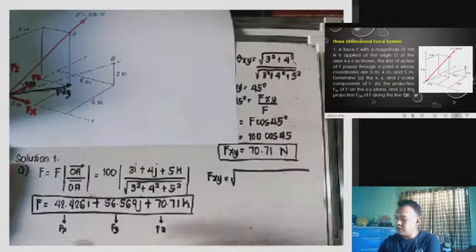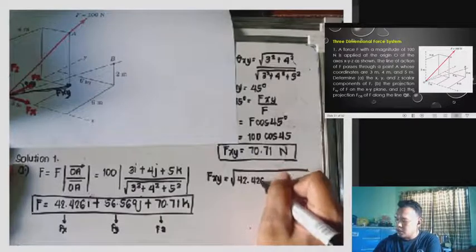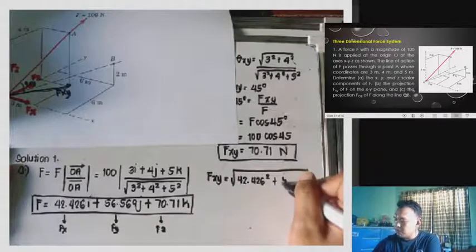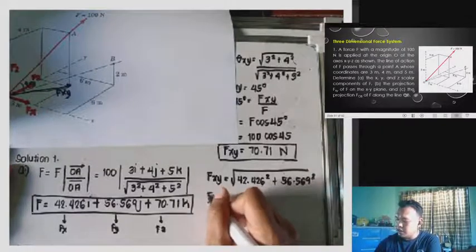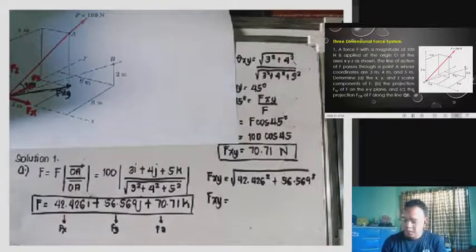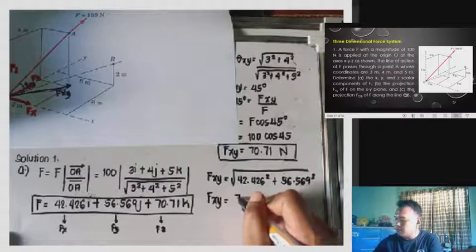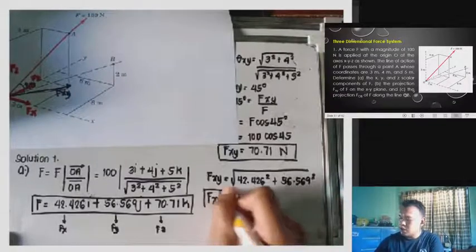So, therefore, we have here 42.426 squared plus 56.569 squared. We have here Fxy, which is equivalent to the square root of 42.426 squared plus 56.569 squared. So, we have Fxy is 70.71 Newton. So, they're almost the same.